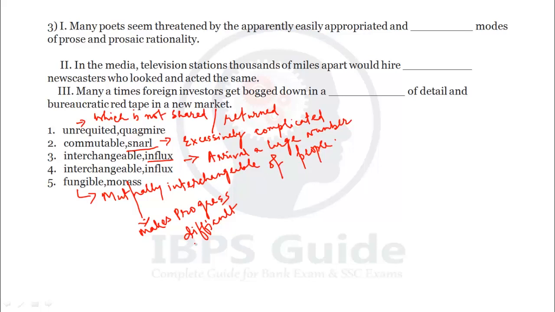And many a time foreign investors get bogged down in a morass of detail and bureaucratic red tape in the new market. So option number 5 will be the correct option. So answer हमारा होगा 5th.